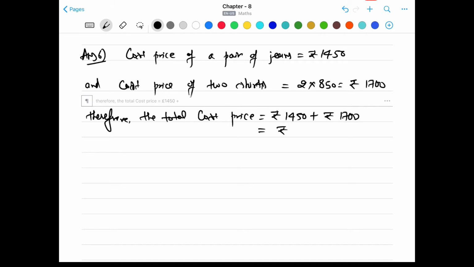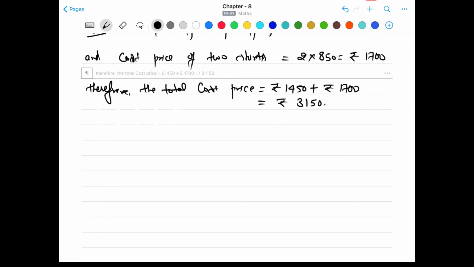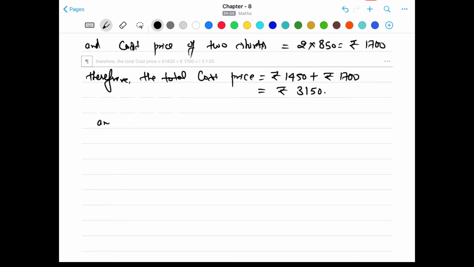The sum will be rupees 3150. So the total cost price for one pair of jeans and two shirts is 3150 rupees, and the discount offered is 10%. Now we'll calculate the discount amount and subtract it from the cost price, so we'll get the selling price.